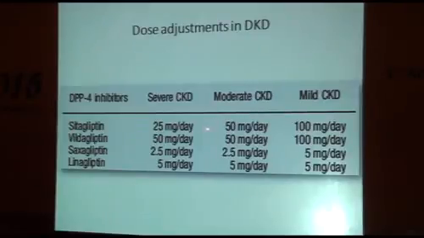Others have a major 50 to 60% excretion by the kidneys, and as a result they need at least a dose modification in moderate to severe kidney disease, but linagliptin serves as an exception.